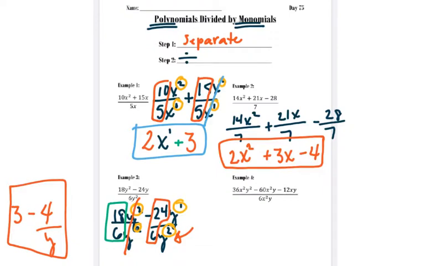Let's try the same thing, number 4. Give each term 36x squared y squared, 60x squared y, minus 12xy.